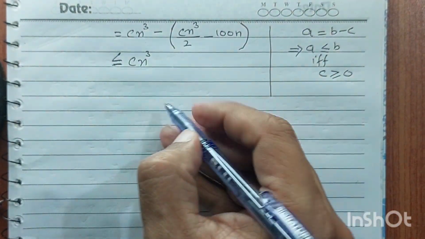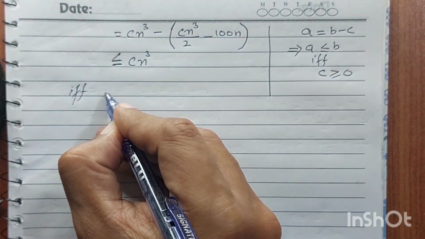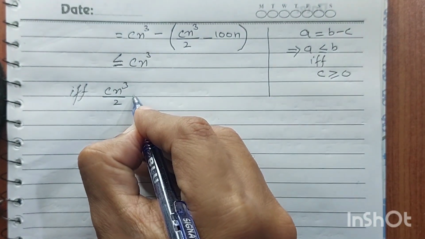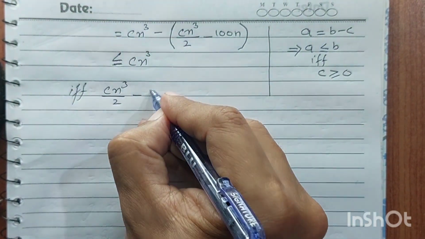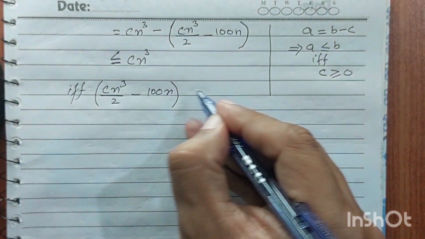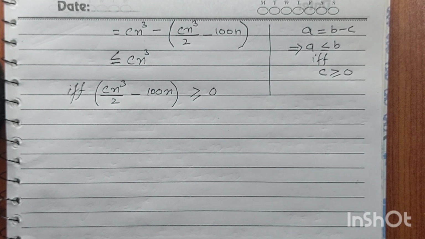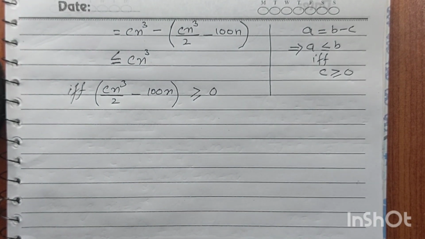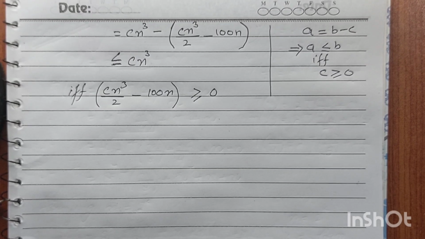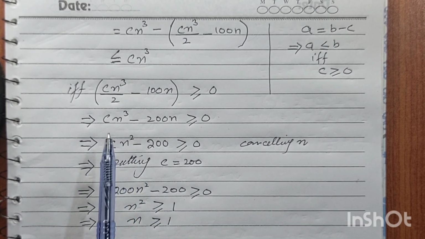So just put it, so if and only if Cn cube by 2 minus 100n, the whole thing is greater than or equal to 0. So we just need to solve it for two constants, that is C and n naught.